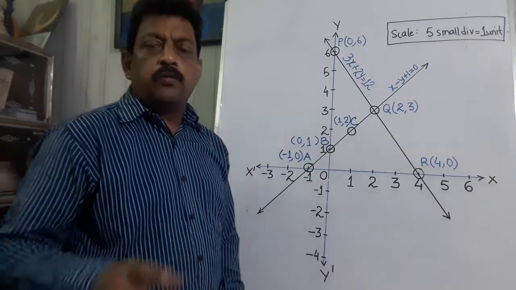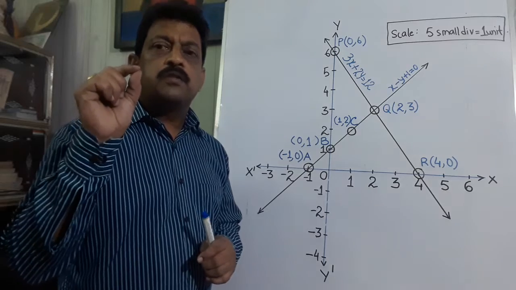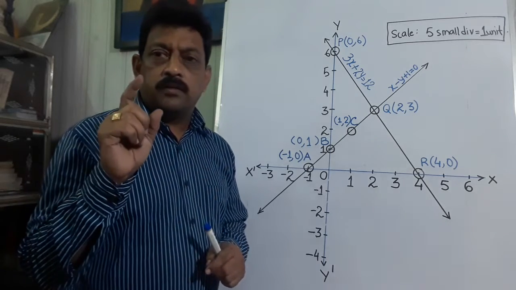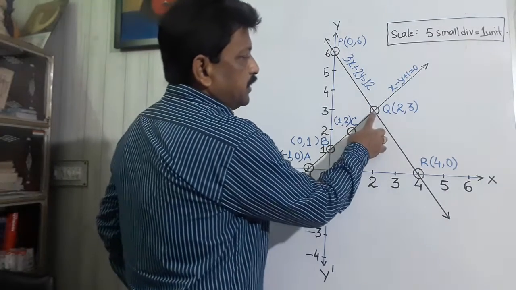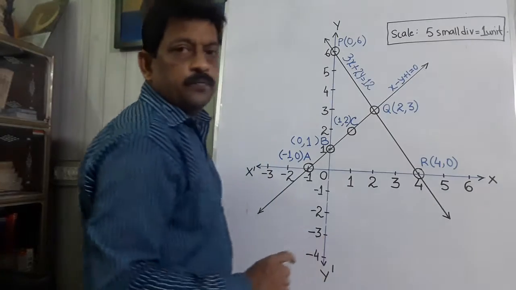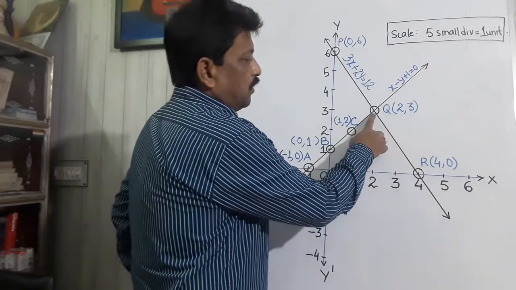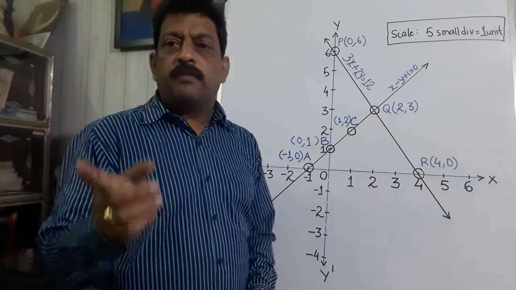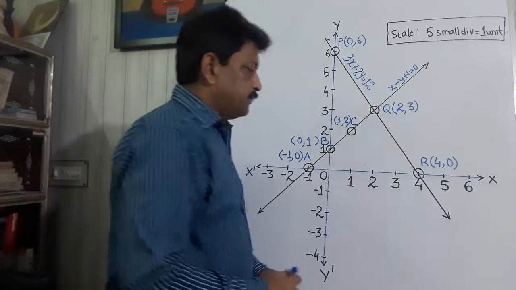Now the question was to obtain the solution graphically. We all know when two lines meet at a point, that point is the solution of both the equations. That is, it is the common point of both the lines. So here both the lines are meeting at the point Q. So we can say that the solution of both the lines is (2, 3), that is, the value of x is 2 and the value of y is 3.